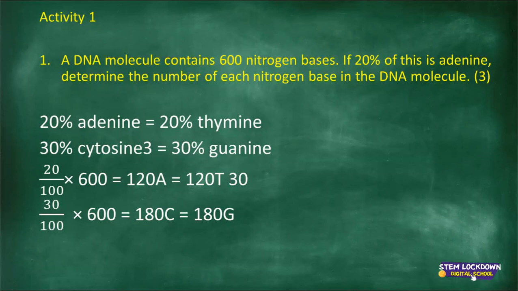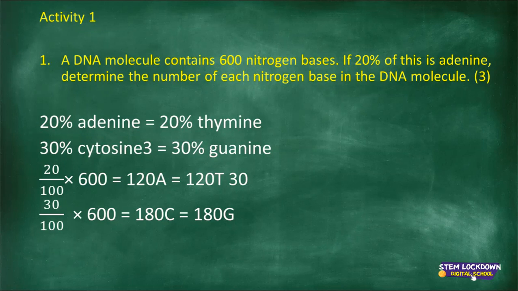But however, you just look at it. So if you have 20 divided by 100 times 600 will give us 120. Then we have got 120 for adenine and 120 for what? Thymine. All right.